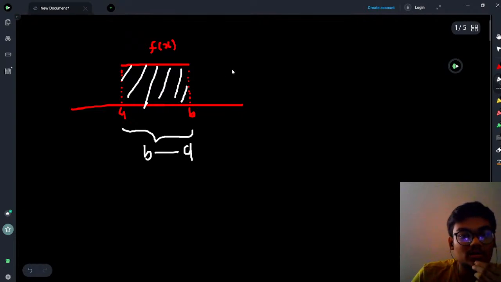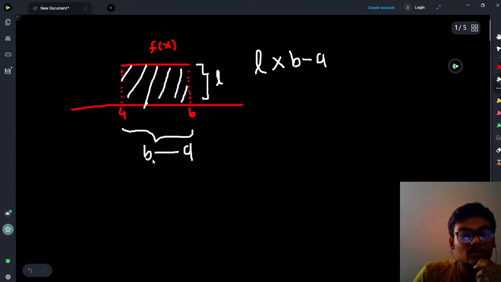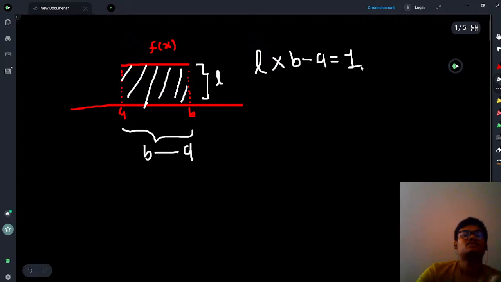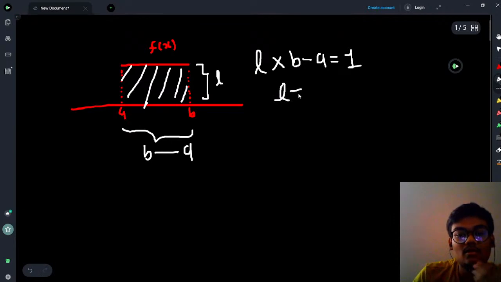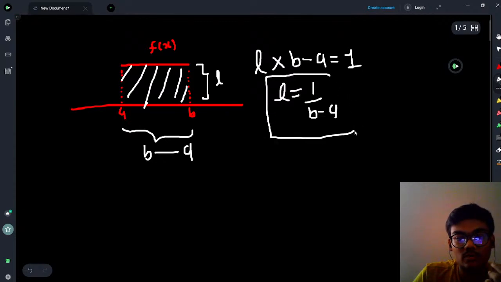The area of a rectangle is height h into length, which is b minus a, and since the area is 1, the height, or the amplitude, here is 1 upon b minus a.